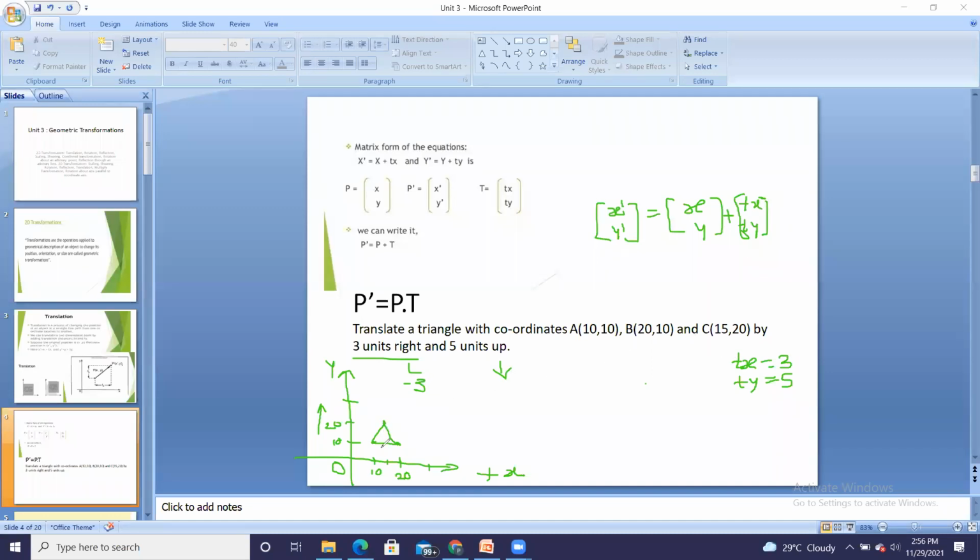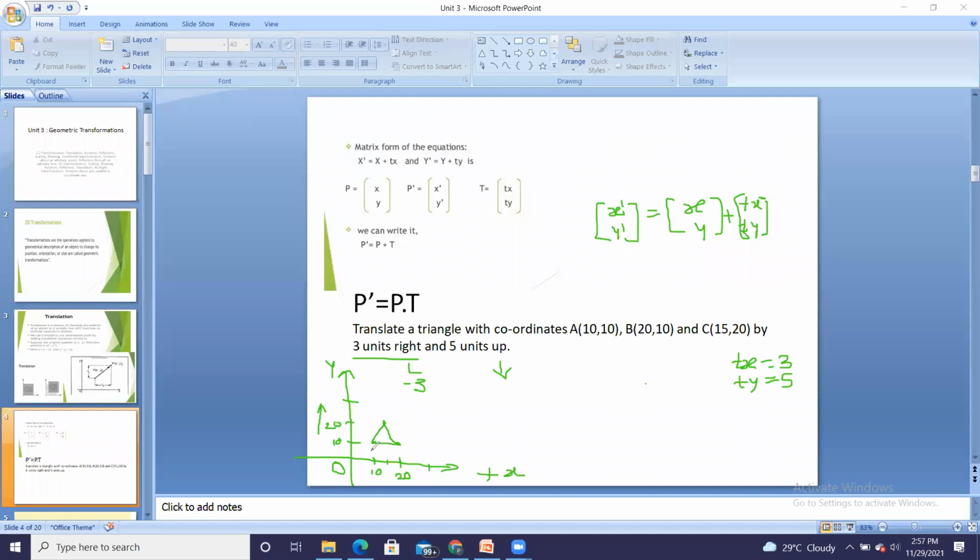Similarly, when I want to move this object downwards, so I will shift it downwards. At that time, your y value will also become less. So current value, suppose it is 10 here for this point. I am moving it 5 units down, means it will become 10 minus 5.